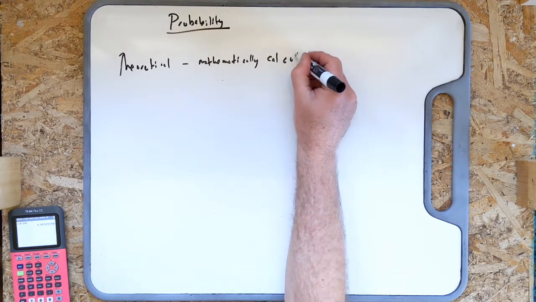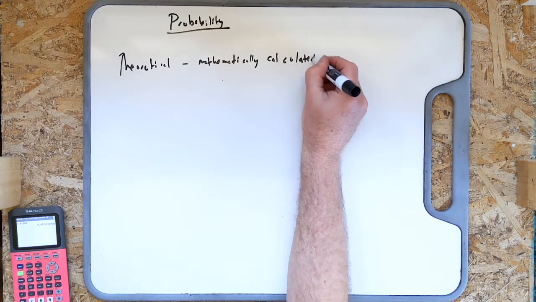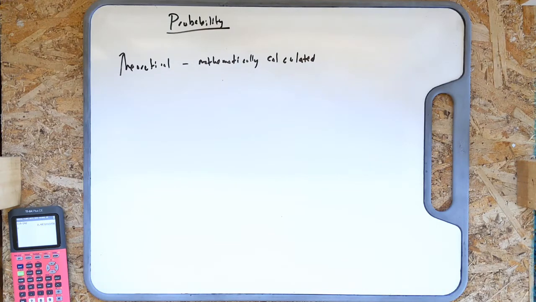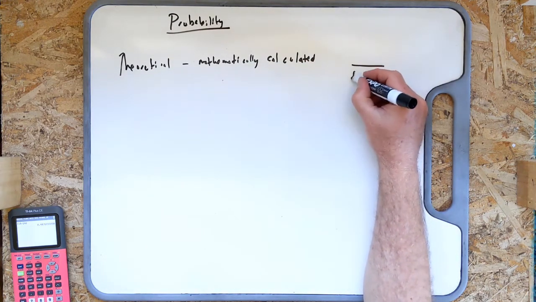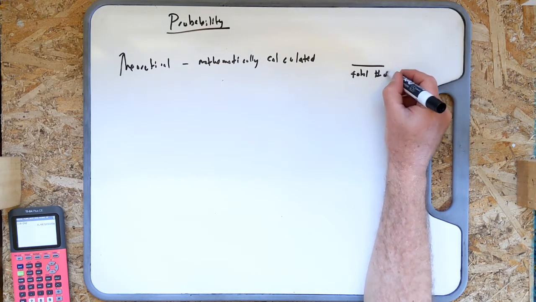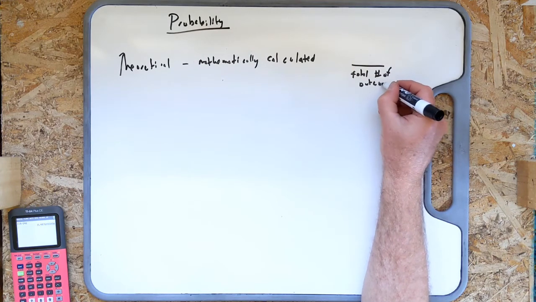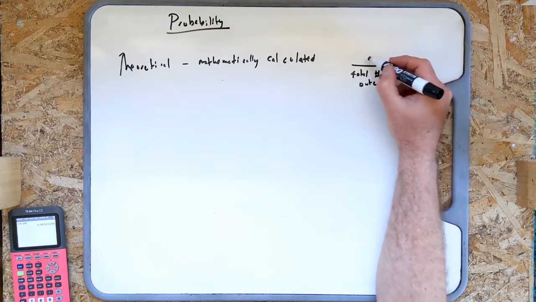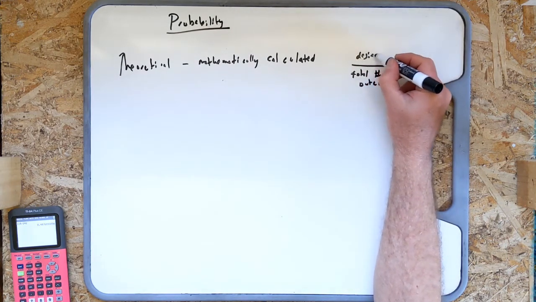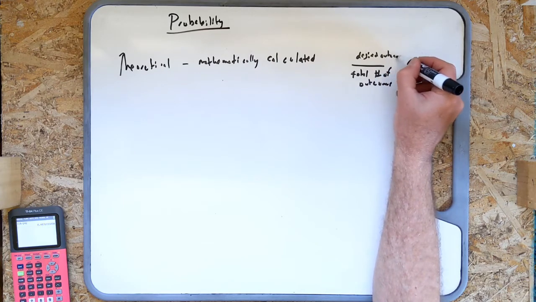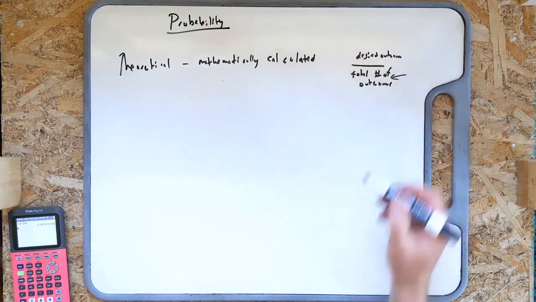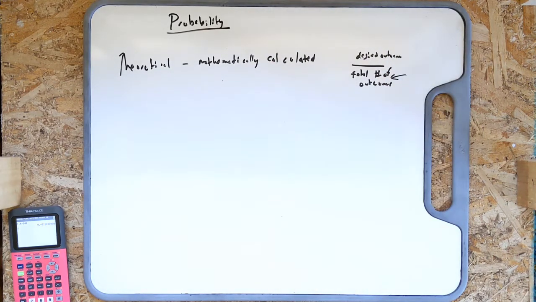And part of that is the stuff we did last time, which is calculating the total number of outcomes, for example, as a denominator. Total number of outcomes. And in the top we had desired outcome. And as you recall, we spent a lot of time doing this with permutations, combinations, and fundamental counting principle. We're now going to put it into probability.